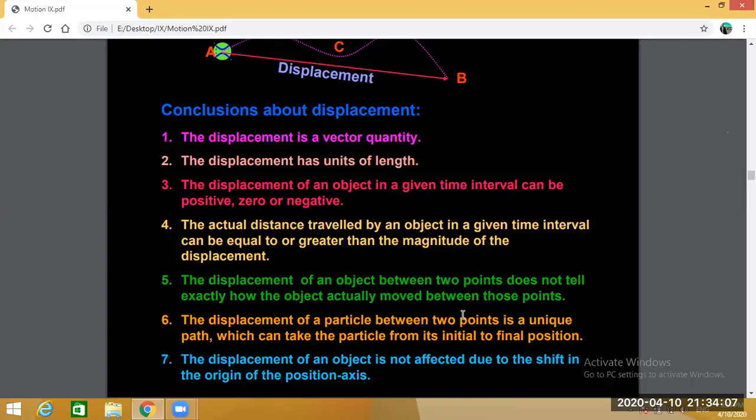The displacement of a particle between 2 points is a unique path. There cannot be two displacements for the same two points, initial and termination point.